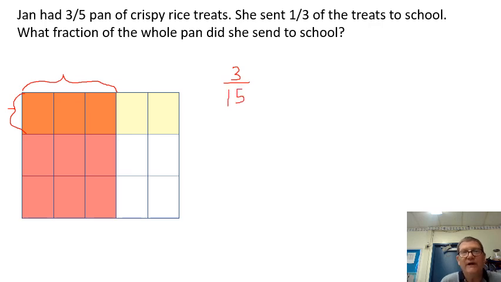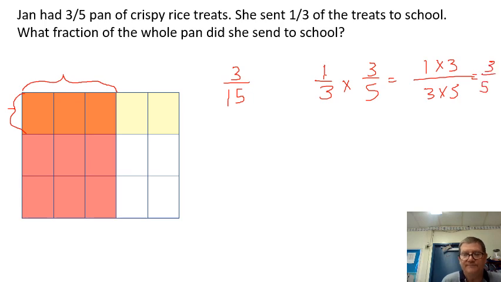So 3/15 is what she took to school. And we can see that because we had 1/3 times 3/5. And when we multiply fractions, we multiply numerator to numerator. So this actually equals 1 times 3 over 3 times 5, which equals 3/15. Let's try another one.